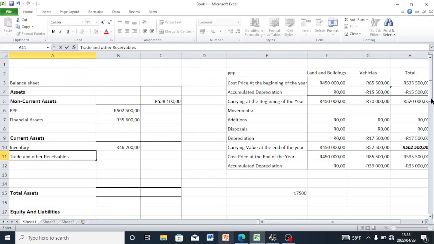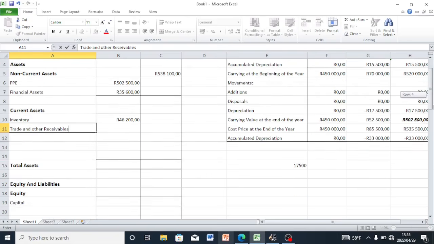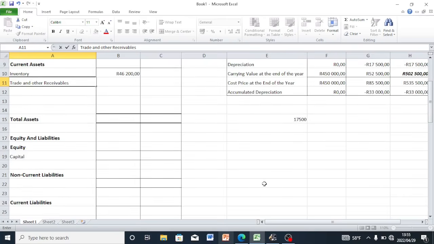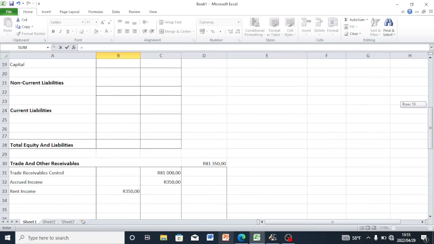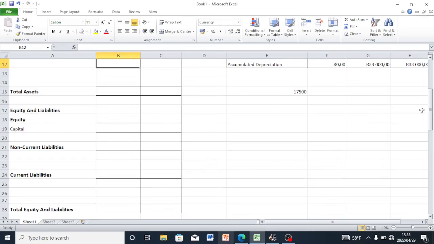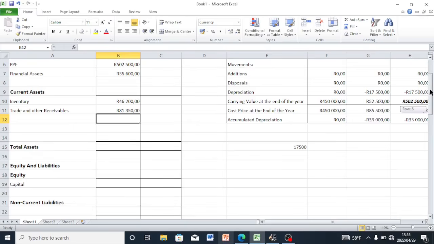We have already done the trade and other receivables note. We just have to take the total amount. I'm just going to put an equal sign here. We just have to take the total amount, which is the 81,350 recorded on our trade and other receivables.